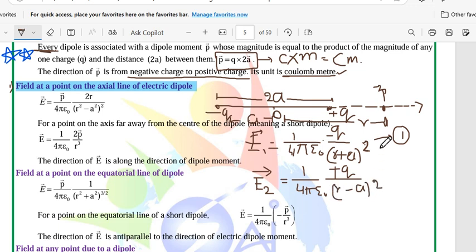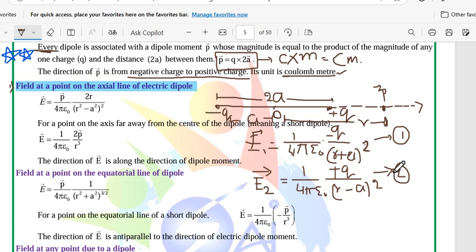Why r minus a? Because the distance from origin to plus q is a, therefore we need to subtract it from the total distance to point P. So (r minus a) whole square. This is equation number 2.